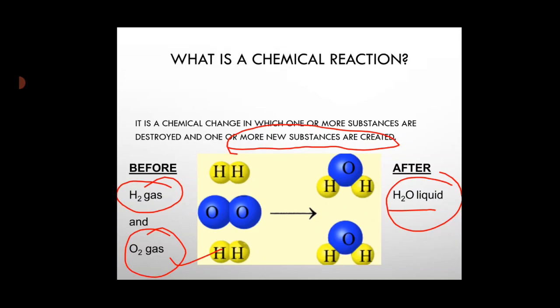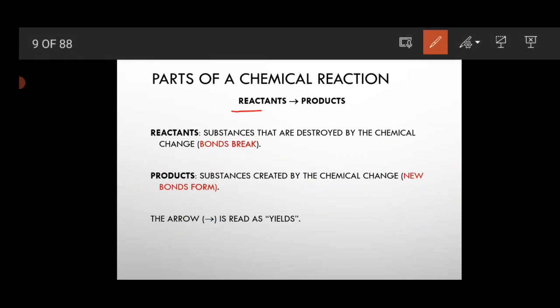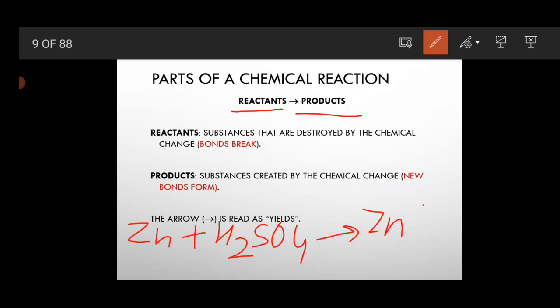So what are the parts of any chemical reaction? Any chemical reaction is made up of two parts, the reactant part and the product part. With one example, you will understand what is reactant and what is product. Suppose Zn, zinc, reacts with sulfuric acid, H2SO4, and gives ZnSO4 plus hydrogen gas, the liberation of hydrogen gas.